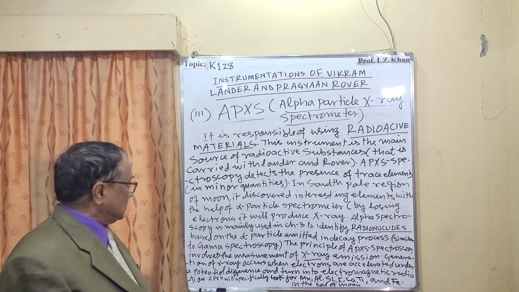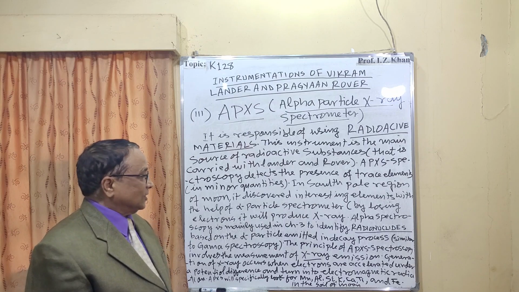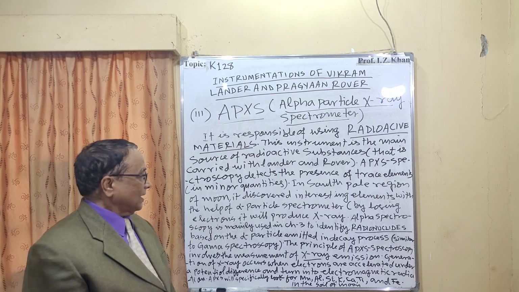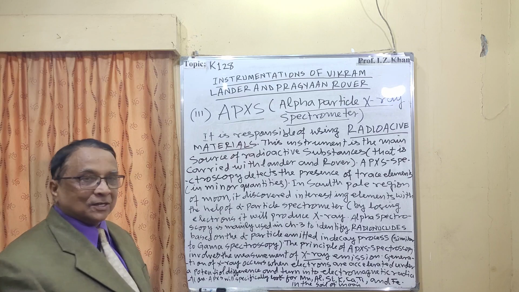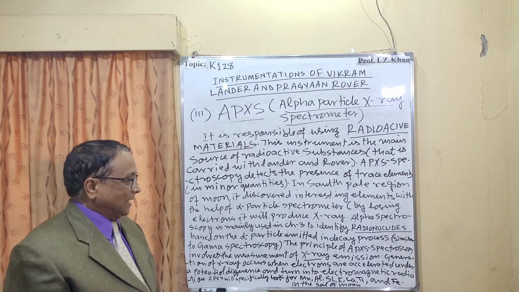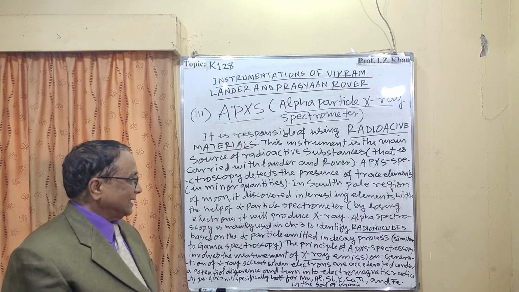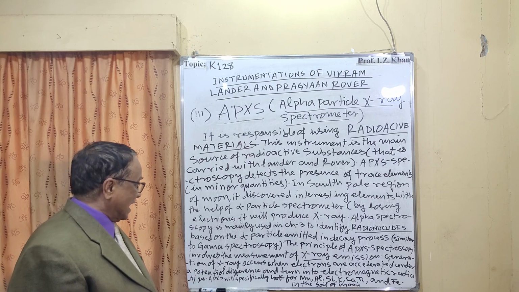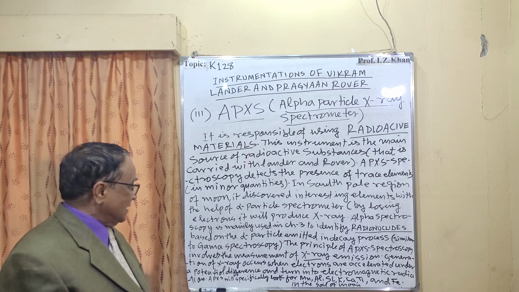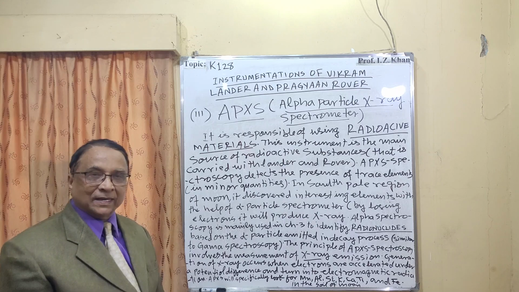Alpha spectroscopy is mainly used in Chandrayaan 3 to identify radionuclides based on the alpha particle emitted in the decay process, similar to that of gamma spectroscopy. The principle of APXS spectroscopy involves the measurement of X-ray emission. Generation of X-ray occurs when electrons are accelerated under potential difference and turn into electromagnetic radiation.